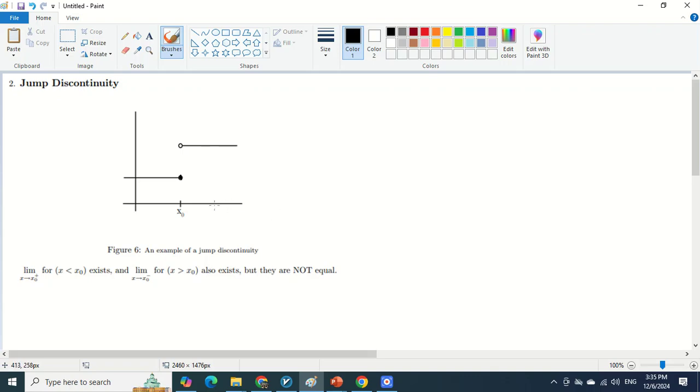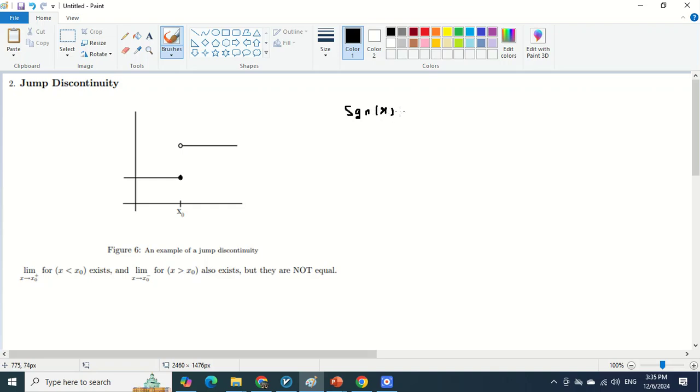One of the types of this function is the sign function. If you consider the sign function as follows, we denote it by sgn of x, which is the sign of x.